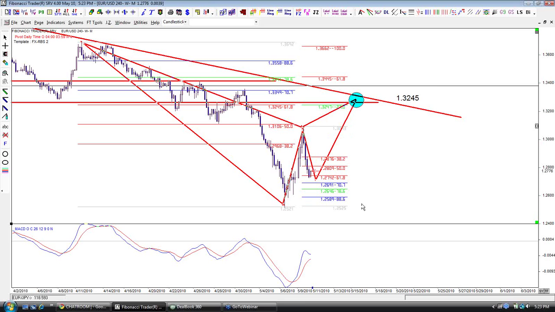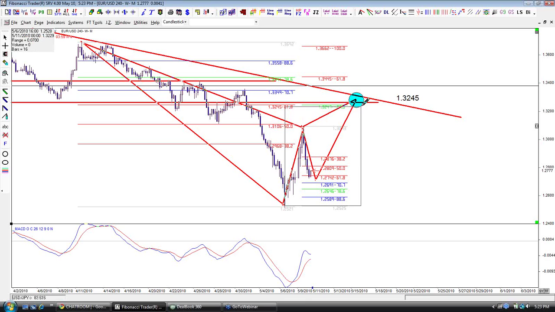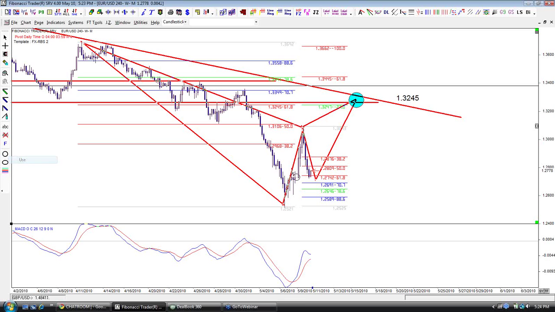Now, this from down here to up here, this is almost 700 pips. Now, for all those 700 pips, we know that here we don't need to be looking for butterflies.